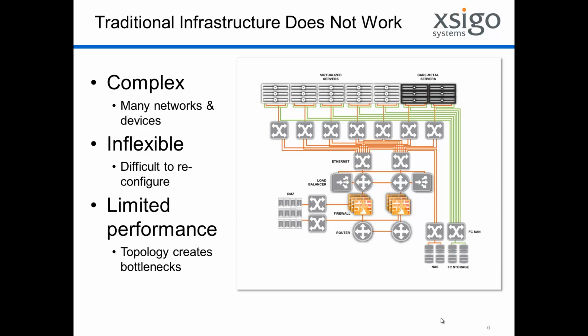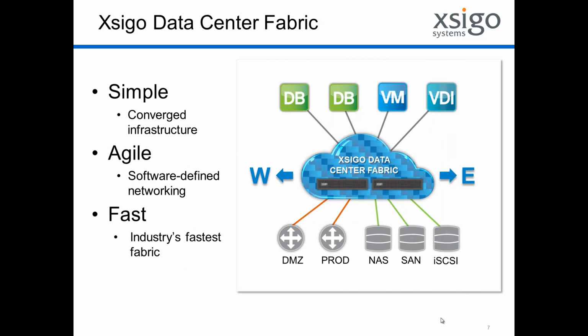That inflexibility is what prevents you from dynamically allocating resources. You cannot reconfigure things on the fly. Matter of fact, in many cases, you can't really reconfigure things ever. Once a server is wired in for a specific function, it's pretty certain it's going to have that function through most of its useful life.